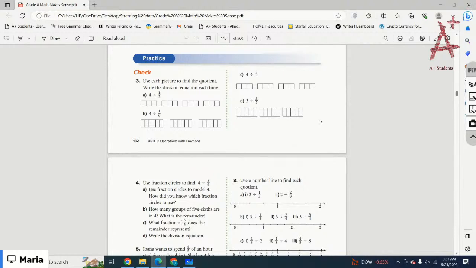Okay, just look at question number 4. Use fraction circles to find 4 divided by 5 over 6. Use fraction circles to model 4. How did you know which fraction circles to use? How many groups of 5 sixths are in 4? What fraction of 5 over 6 does the remainder represent? Write the division equation. Got it? So the A part is use fraction circles to model 4.